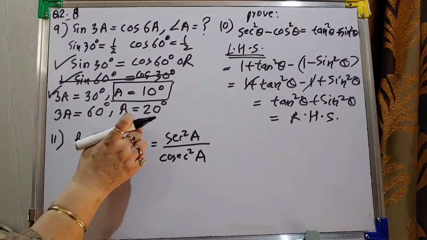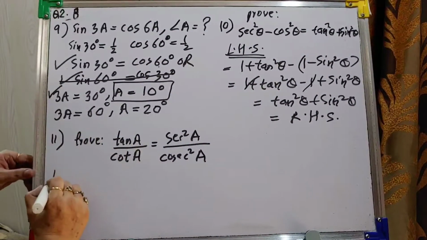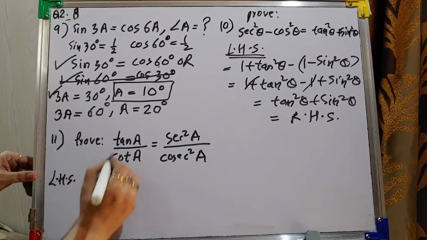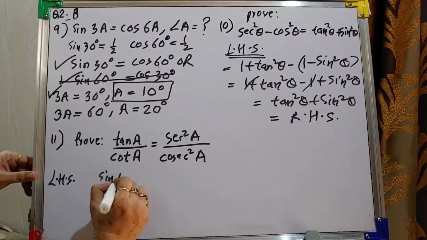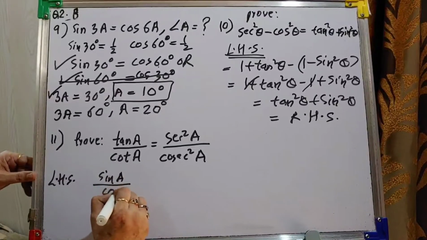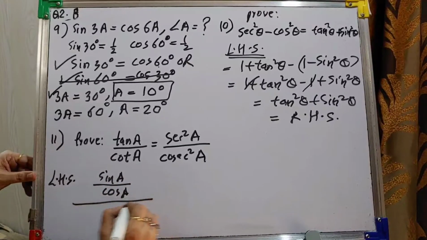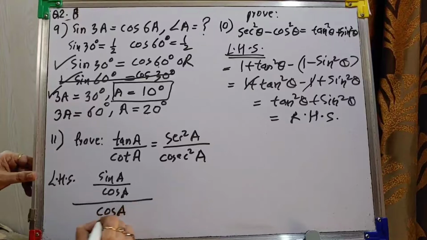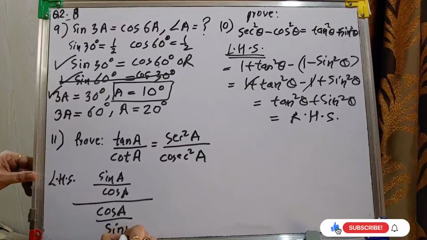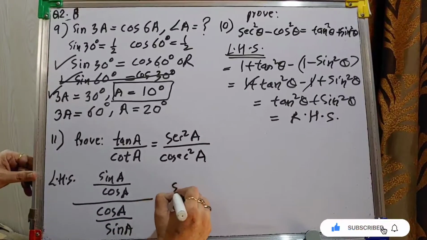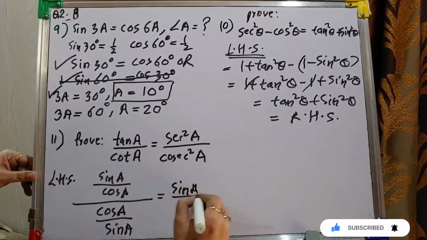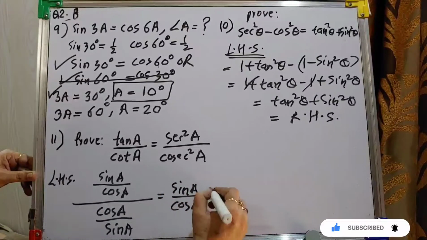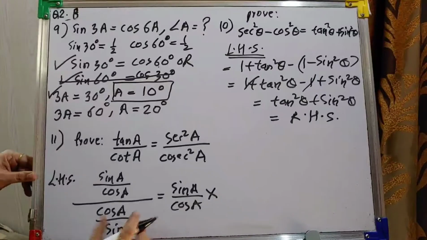Same way, tan A by cot A. So if I am taking this LHS, instead of tan A, I can keep sin A by cos A. Instead of cot A, I can take cos A by sin A. Both are in fraction. So if I am taking numerator fraction as it is, and if I am multiplying, this will get reciprocal.